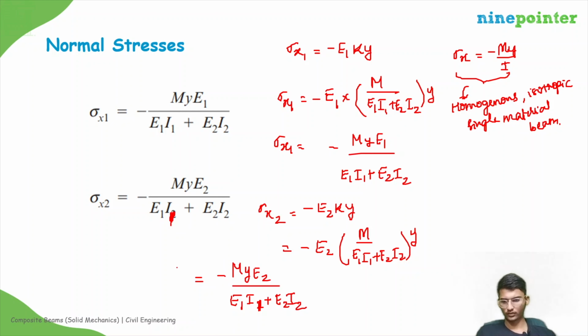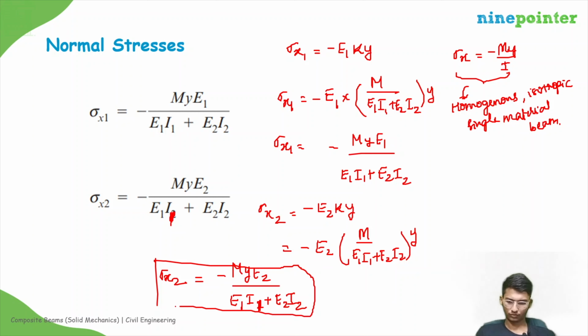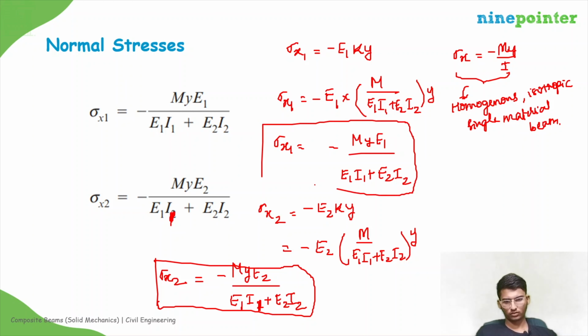So this will be sigma x2. This part is common for both, that is kappa. So it will vary with y E2, and it will vary with y E1.